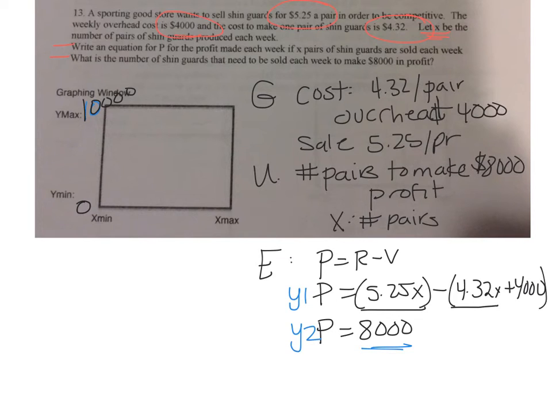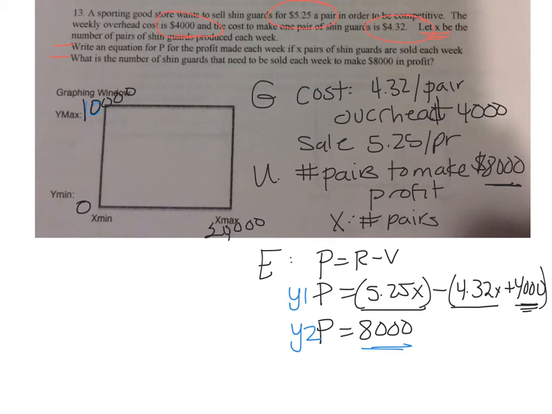If we're making about $1 and we have to make $4,000 before we make any profit, then we know we have to sell at least 4,000 shin guards just to make up for this $4,000. And then we want to make, above that, we want to make 8,000. So let's make X max 20,000 pairs of shin guards. We can always make it smaller if we want.